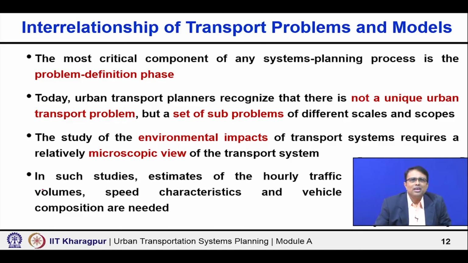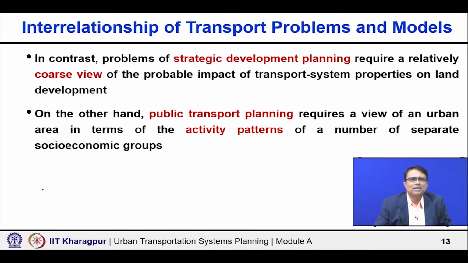But if you think you are actually working on strategic development planning, that may require a relatively coarse view of the probable impact of the transport system properties on land development, how transport and land use interact. Okay?